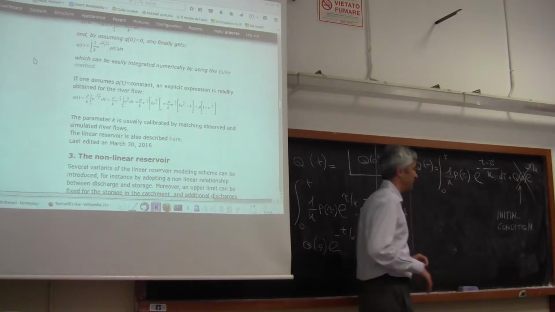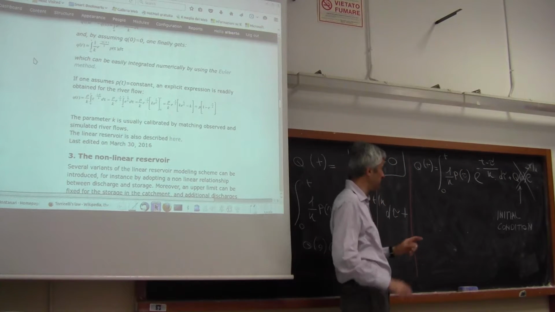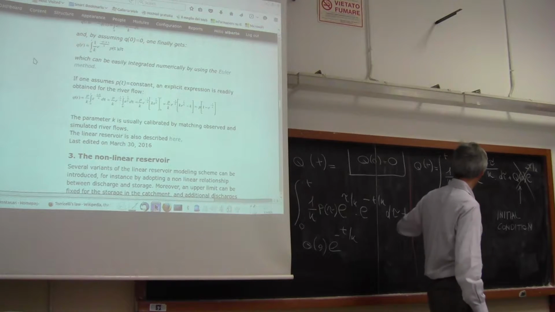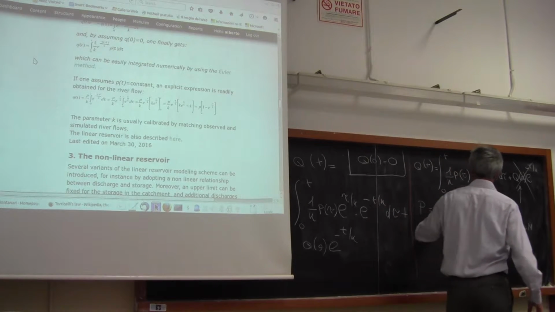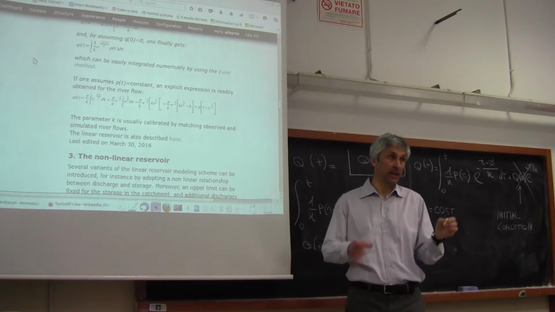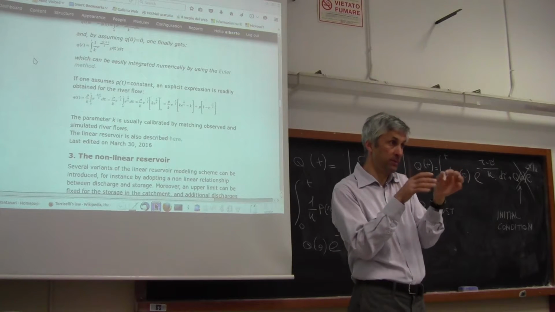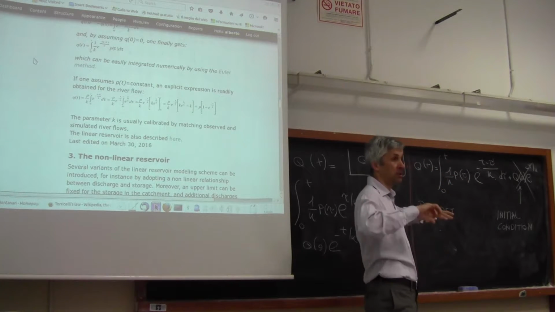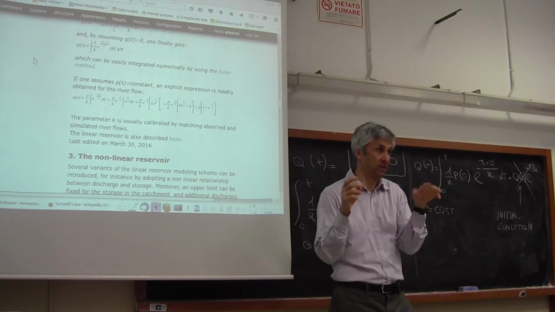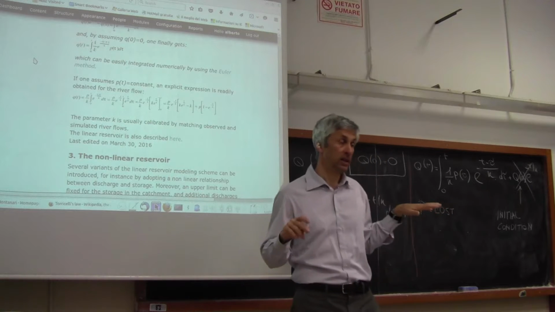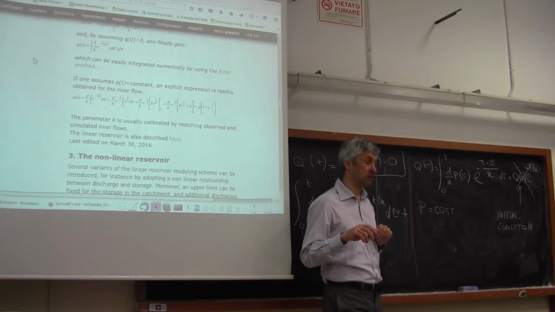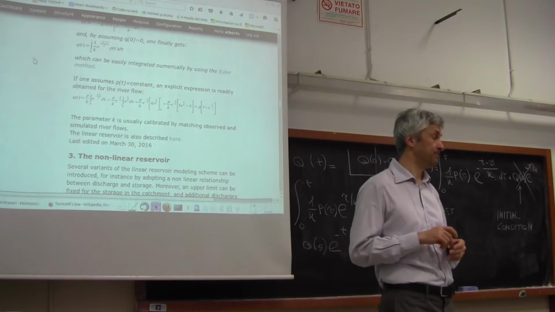And now, as I said, I need to give a shape to the function p tau. And let me assume that p is constant. This is, of course, the easiest way to define an analytical shape for precipitation. I can assume that precipitation is constant over time. It's already constant over the catchment, so it's spatially constant. But now I am assuming that it's also constant in time.